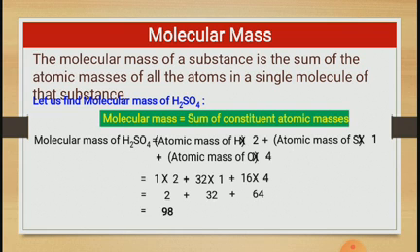So molecular mass of H2SO4 is 98. Okay, it is very easy to find out. You just need to know the atomic mass of the element, and the number of atoms is already given. Now let us find another. You will tell me.